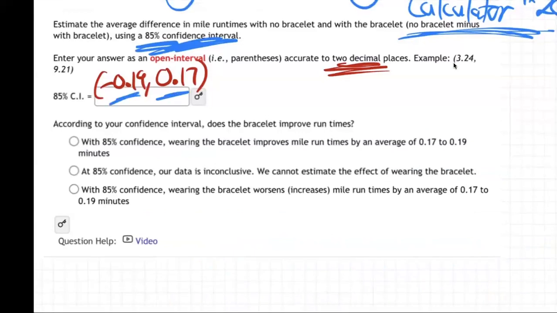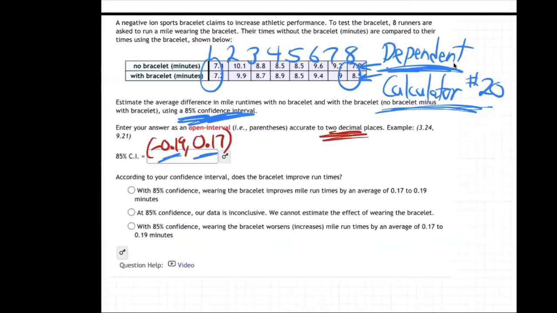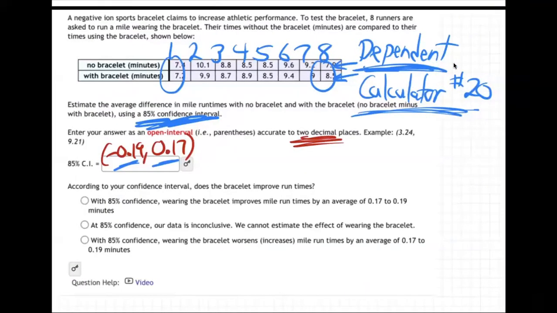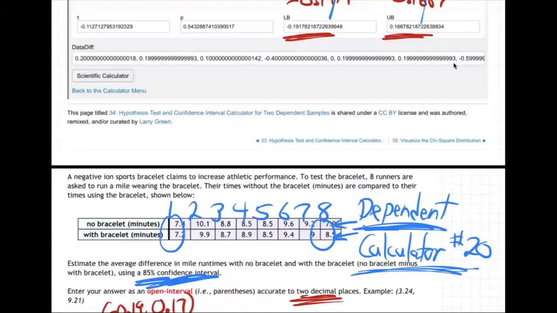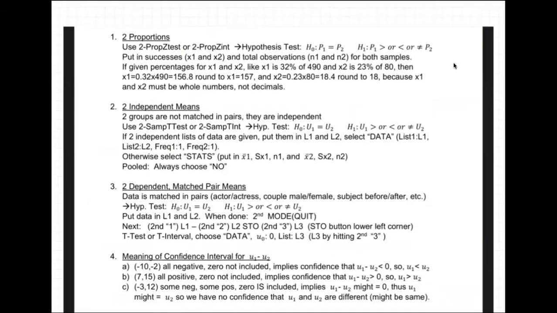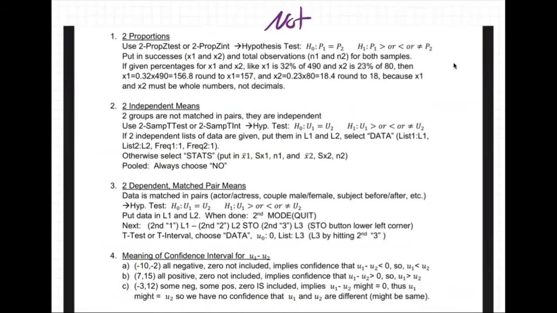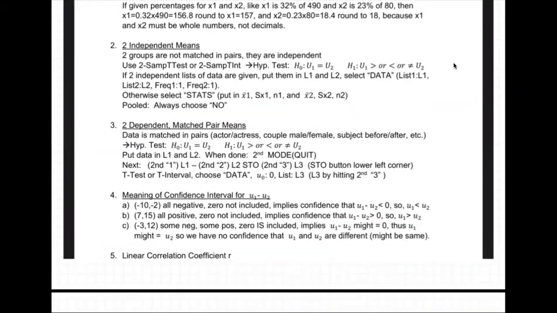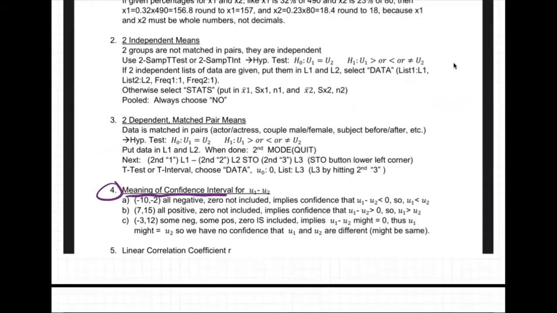That's the confidence interval. Now, according to your confidence interval, does the bracelet improve run times? Well, what does this say? To answer that, you got to notice that we got a negative number and a positive number. If you come back to the notes from class, see number 4 right here, meaning of a confidence interval for 2 groups.